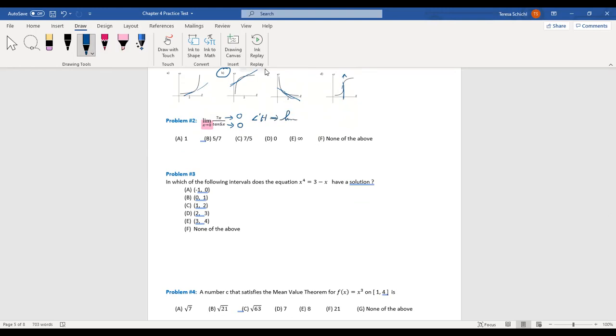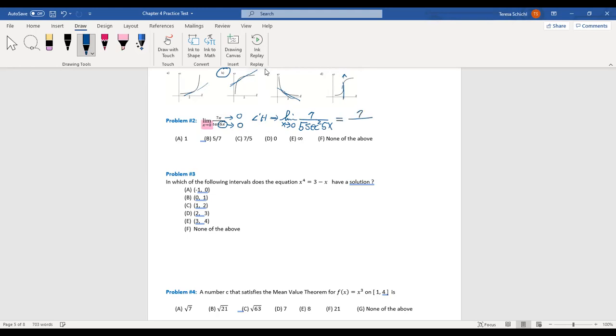What does L'Hopital's rule teach us? When x approaches 0, we take the derivative of the top and bottom. The derivative of 7x is 7. The derivative of tangent 5x is secant squared of 5x, and don't forget the chain rule, so we multiply by 5. Now we put x equal to 0.